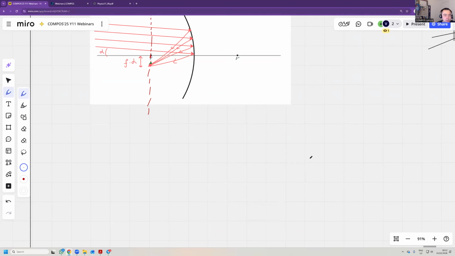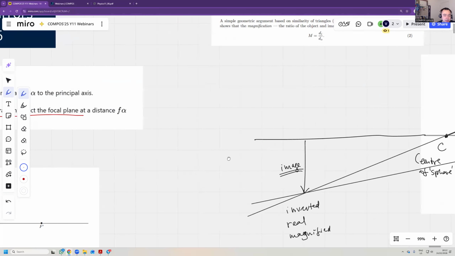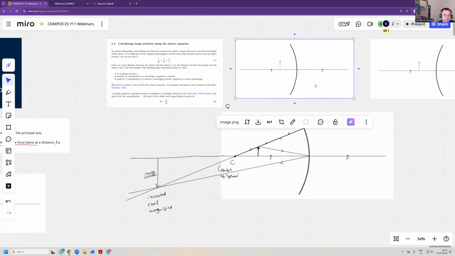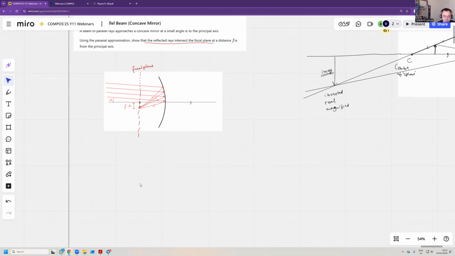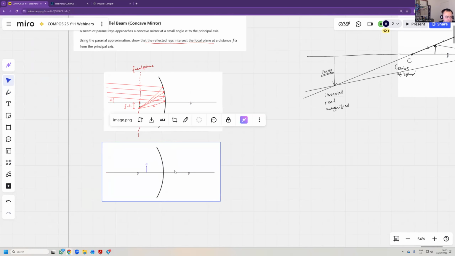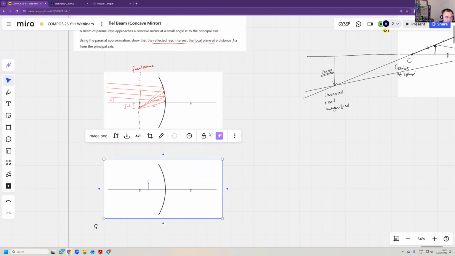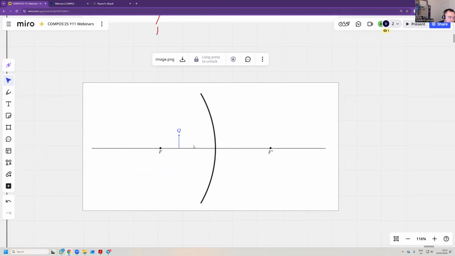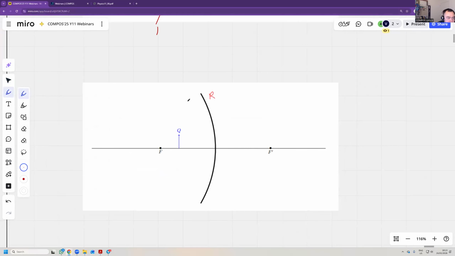Okay, so let's take another copy of this. We know r is the radius of curvature, this point is C, and the focal distance is f. We just erase this.